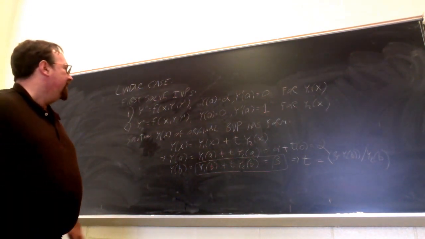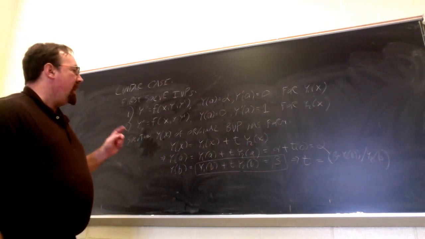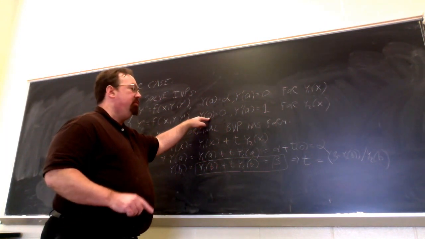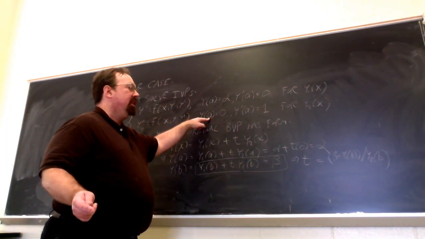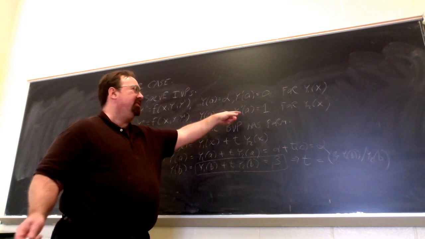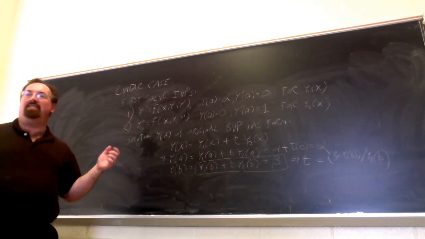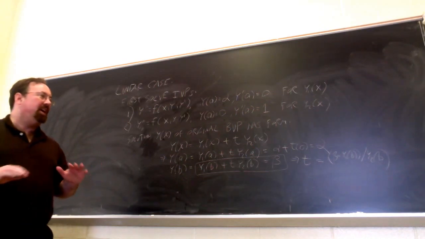But keep in mind, y2 of a is 0. If y2 of b is also 0, the slope can be anything, but in fact the whole solution will be 0 by existence and uniqueness. So it's a non-issue.